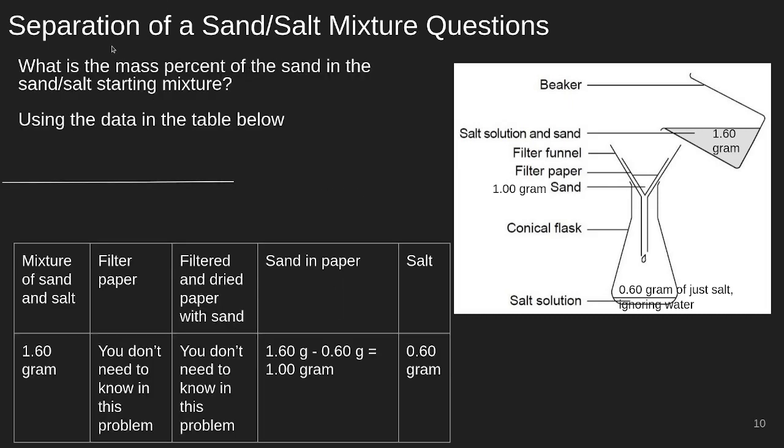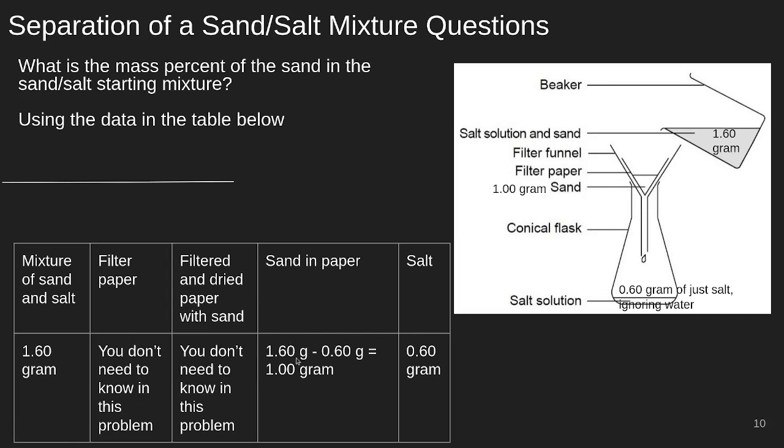Alright, let's do another mass percent problem. So this will be our second mass percent one. What is the mass percent of the sand in the sand salt starting mixture in this problem here? So we have 1.6 grams of sand and salt. We have the filter paper and the dried filter paper with sand. You don't need to know that.